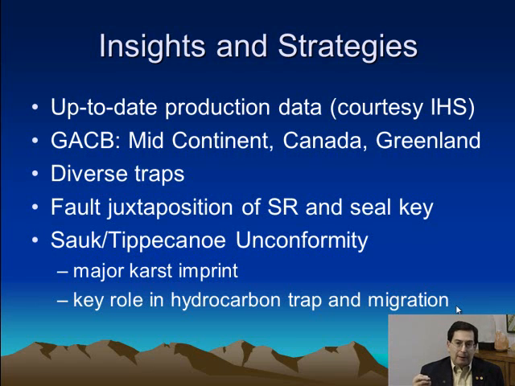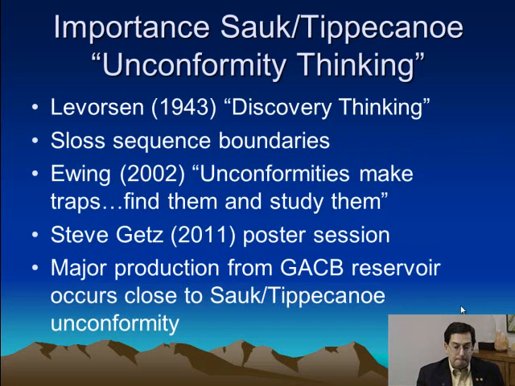One of the main things about the reservoirs in the Great American Carbonate Bank is that they are part of a larger petroleum system with source rocks and seal in strata that are not of the Great American Carbonate Bank, but that are juxtaposed by faults and impinged upon by onlapping of the unconformity in various configurations. So it's very critical to understand much more than the carbonate bank to understand the petroleum system.